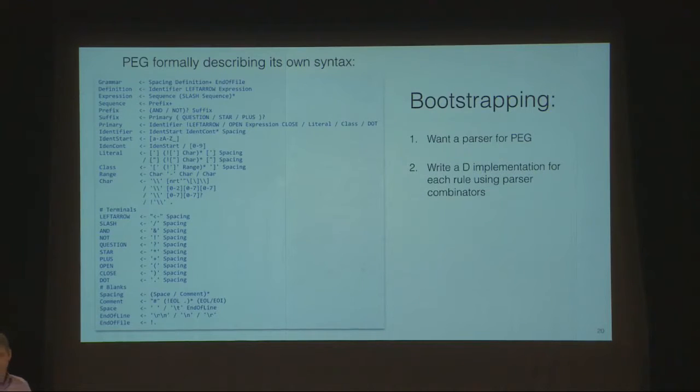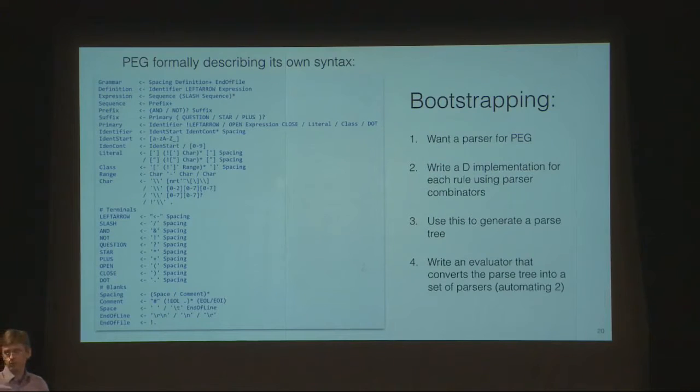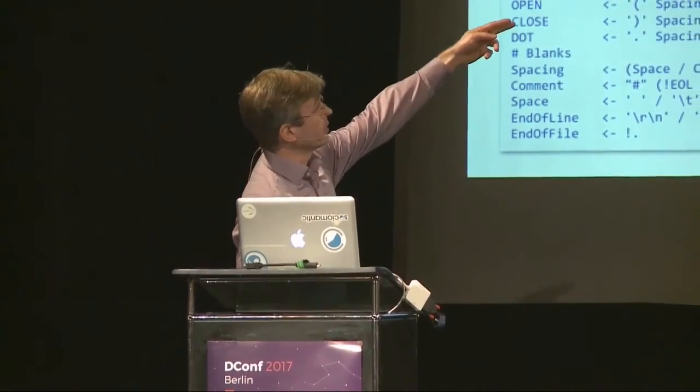And with that set of parsers, grammars, including this one, could be parsed into a parse tree. The real work was then to write an interpreter evaluator for the parse tree, like we've seen in the arithmetic example. Except that it doesn't evaluate an arithmetic expression, but it generates D code that implements the rules of the grammar. So essentially automating step 2 there.